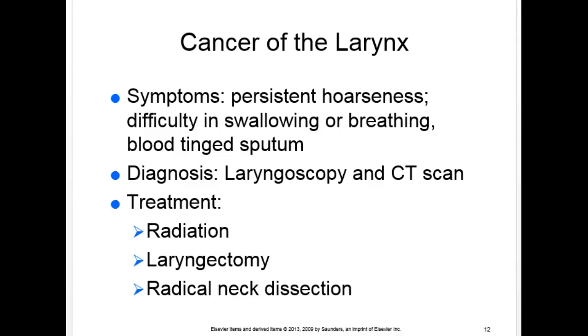A total laryngectomy is performed if the tumor has progressed to surrounding tissues and radiation therapy has failed. The surgeon excises the entire larynx, the epiglottis, the thyroid cartilage, the hyoid bone, the cricoid cartilage, and 2 or more rings of the trachea.